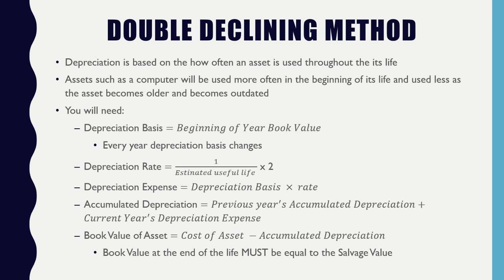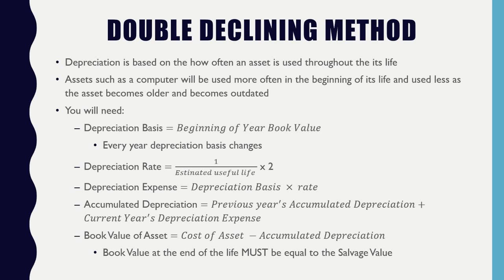That means, like we've mentioned before, accelerated means that you're going to depreciate it twice as fast. So we have 1 divided by the estimated useful life times 2. If an asset lasts for 5 years and we're progressing it at 2 times the level, you could say that it will not last all 5 years. In fact, it may last a little less, because you're depreciating it twice as much every year. Okay, so that's the difference there.